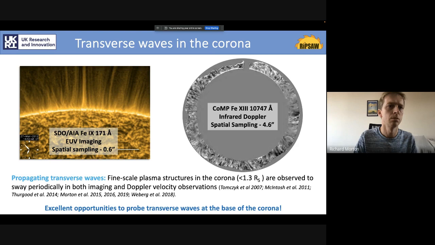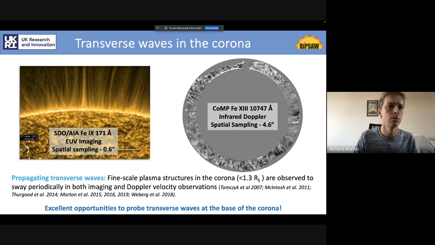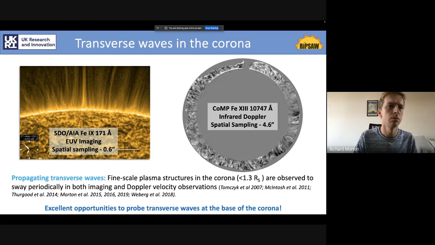Can I have a question? I'm sorry, I don't get that. Is it resolved then why the waves appear different in SDO and CoMP? Sorry, can you repeat the first part again? I didn't understand the resolution of the difference in the two wave measurements. So in SDO, you can measure a density inhomogeneity, and you can measure its movement from side to side. You can't measure that in CoMP.